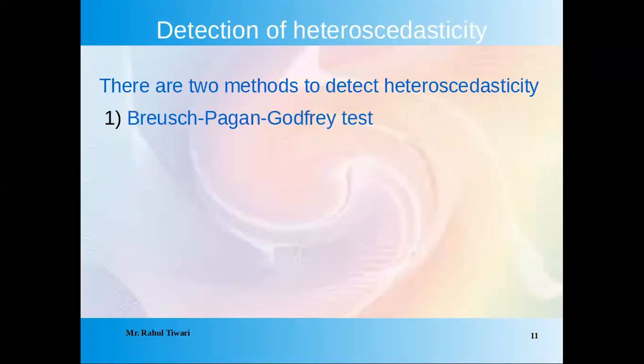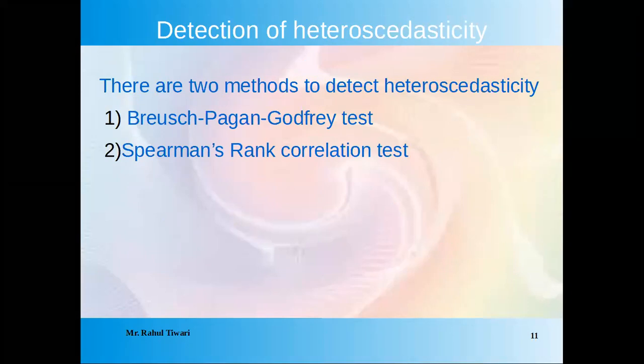I have given another test as well. There are two methods of detection. One is the Breusch-Pagan-Godfrey test, another is the Spearman rank correlation. I think the Spearman rank correlation test is not in your syllabus because it is very simple, and we have already seen it at the basic level.